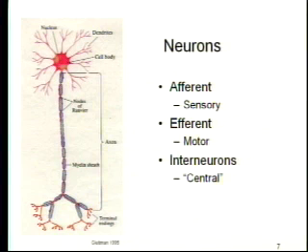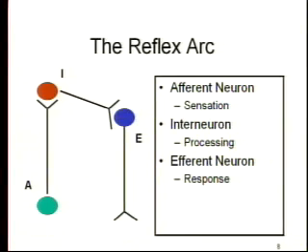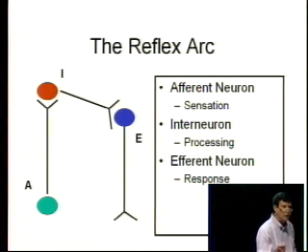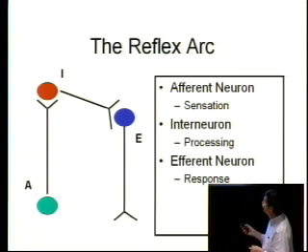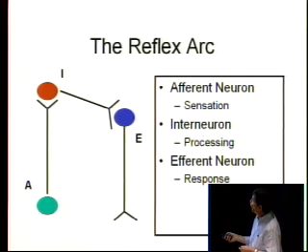These three different kinds of neurons, afferent, efferent, and interneurons, come together to comprise the minimum functioning unit in the nervous system, which is known as the reflex arc. It consists of an afferent neuron conveying a sensory impulse in, an interneuron connecting to an efferent neuron, and an efferent neuron carrying a message out to respond to the stimulus.